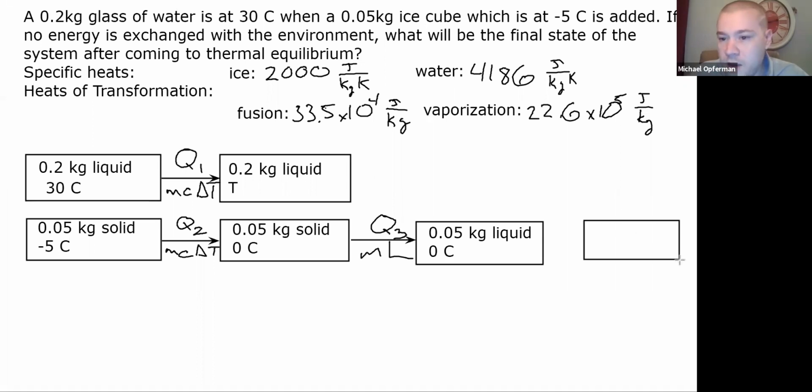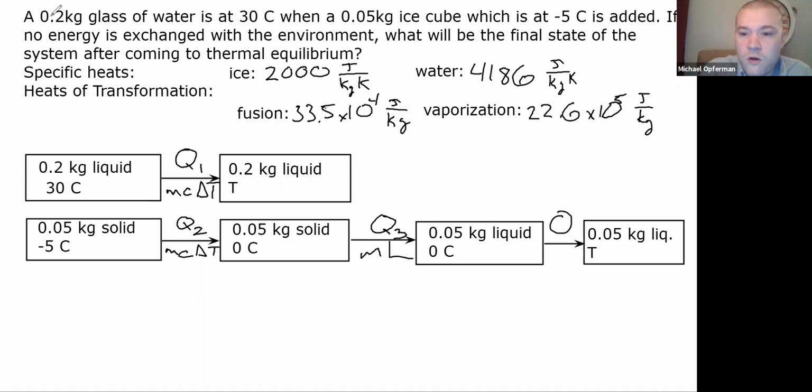And then finally, I'm kind of running out of space here, but maybe I can squeeze it in. Finally, we've got 0.05 kg of liquid water, which is going to be at final temperature T.